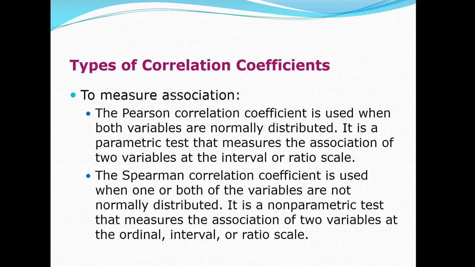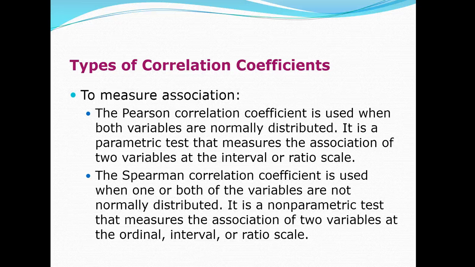Both Pearson and Spearman's correlation statistics actually measure the association of 2 variables. But the difference here is that Pearson is for parametric tests and for variables that are at the interval or ratio scale type of data, whereas your Spearman is non-parametric, and the type of data could be at the ordinal, interval, or ratio.